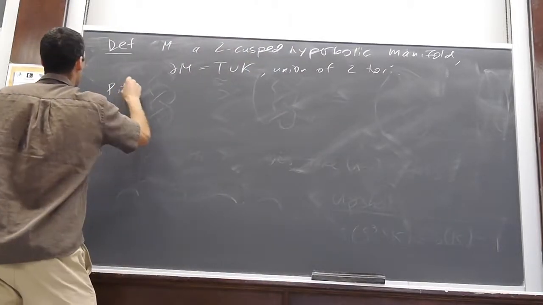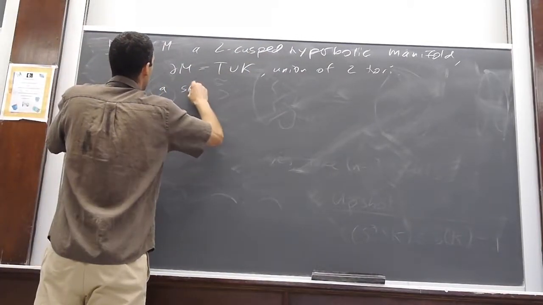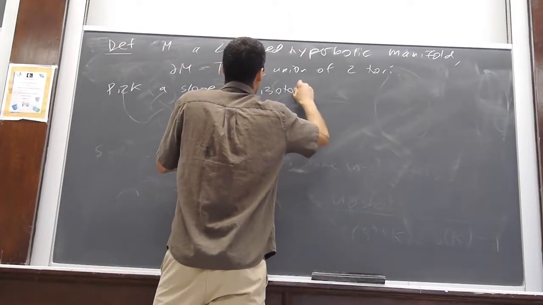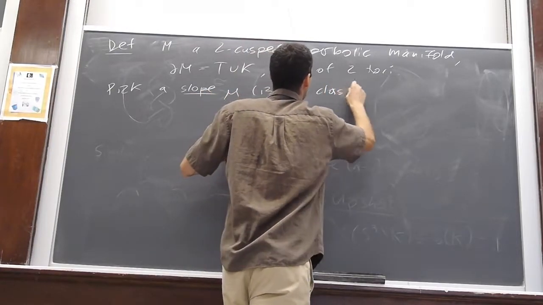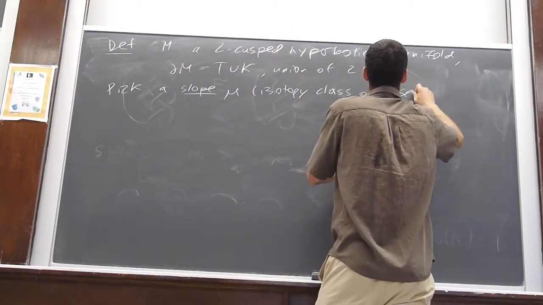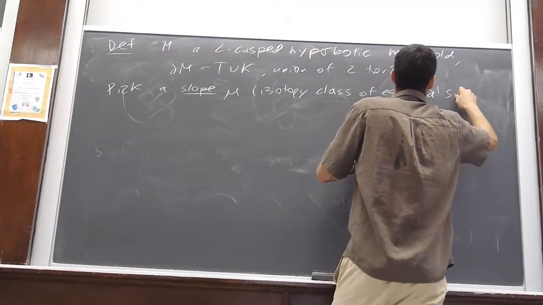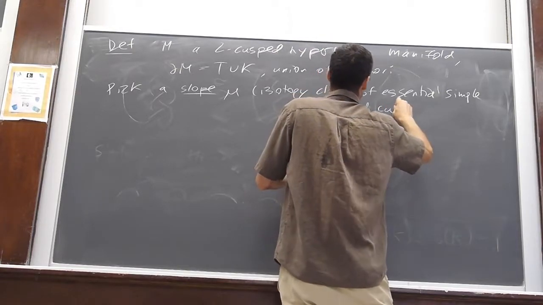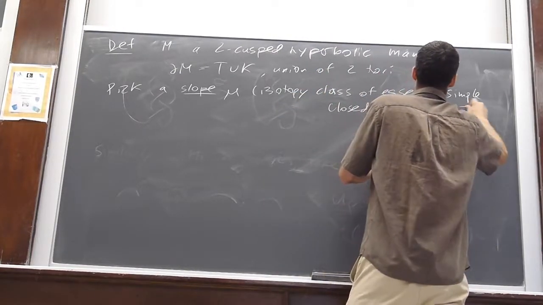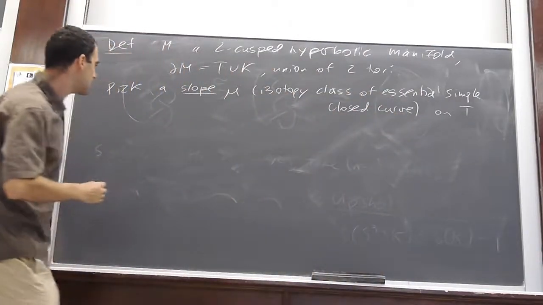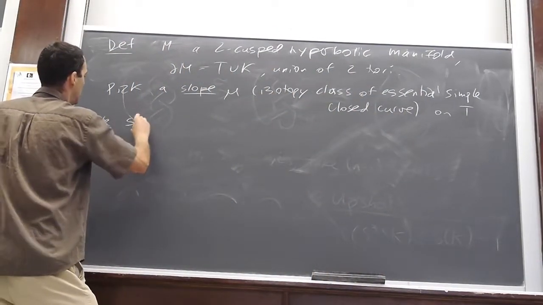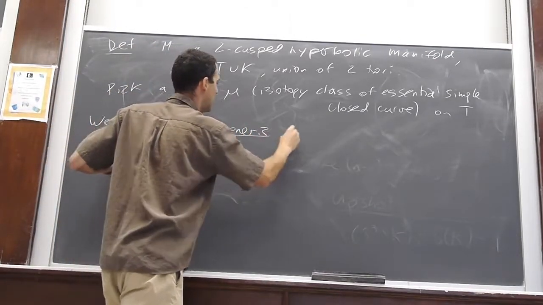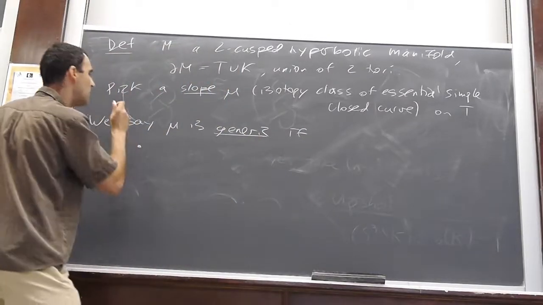And then pick a slope, which is to say an isotopy class of essential simple closed curve on one of the tori, and we say it is generic if two things are true.